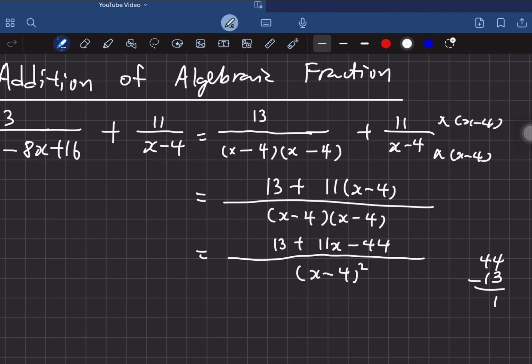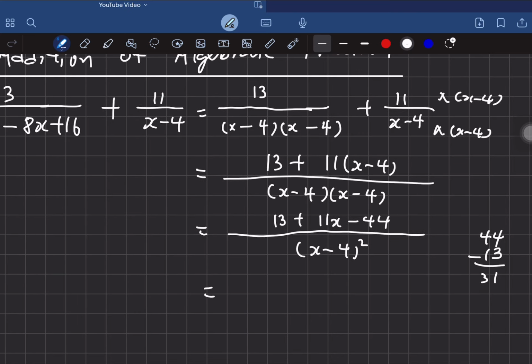So I have 31. So negative 31. So I have 11x minus 31 over x minus 4 square. So with this, since numerator cannot be factorized any further, which means that we can't simplify this algebraic fraction also.